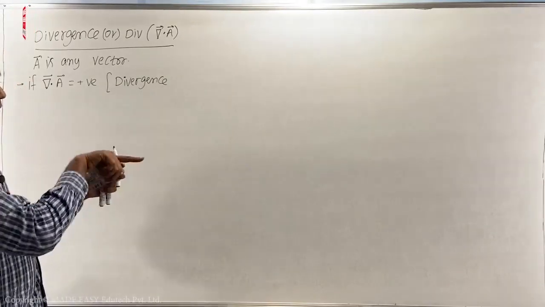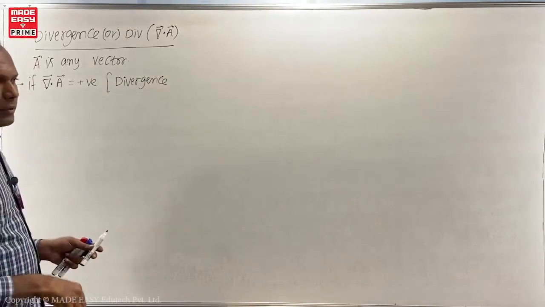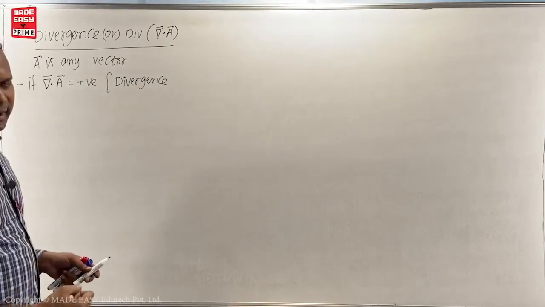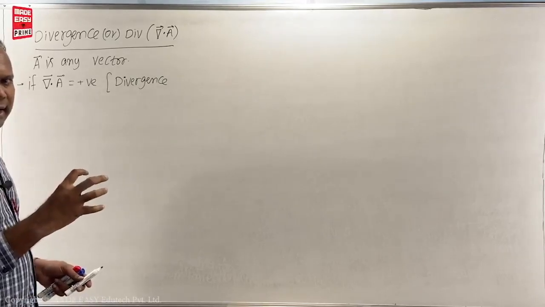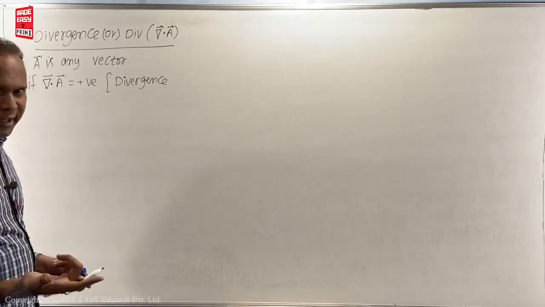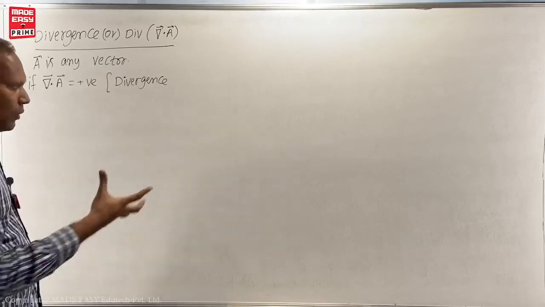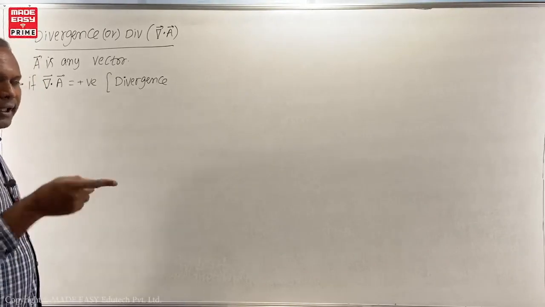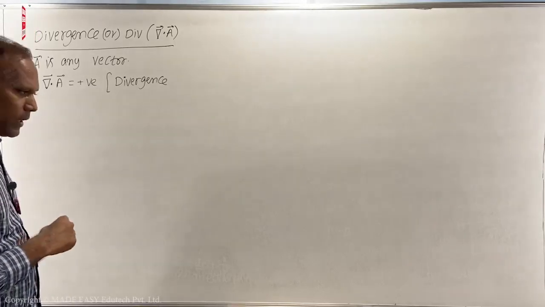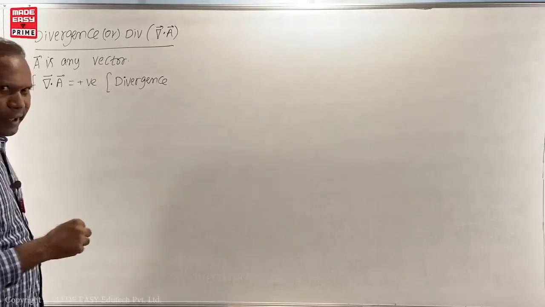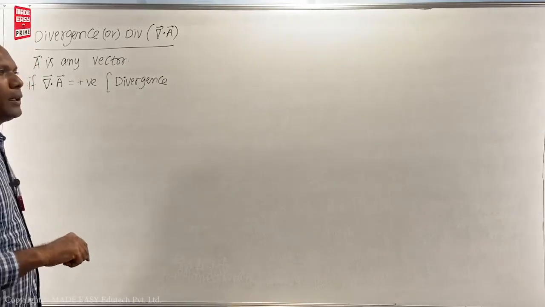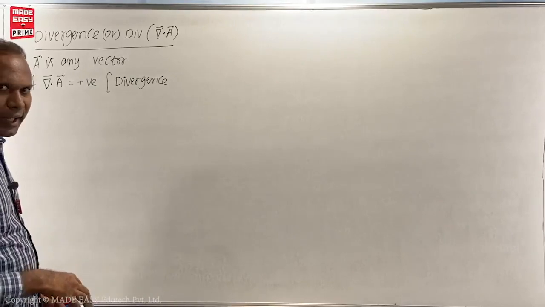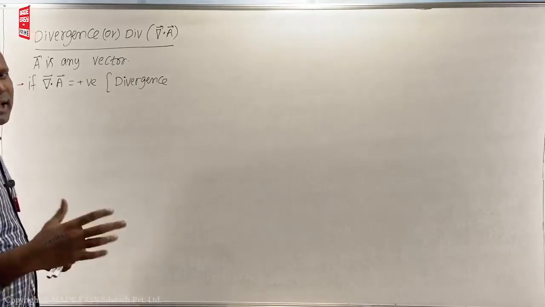From this bulb, light will be going away. If any black object is there, then that light will be received by that. So this bulb is called the source of light rays. Any black object which receives the light rays is called a sink of those light rays. काला वाला object है, वो light rays को receive कर लेता है, उसको sink बोल देता है. जहाँ black object भी नहीं है, जहाँ light भी bulb भी नहीं है, उसको neither source nor sink बोलते रहता है.